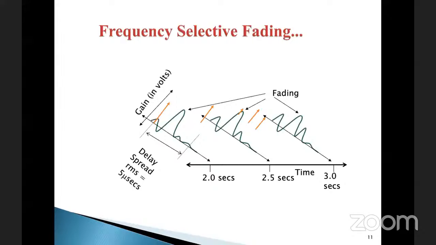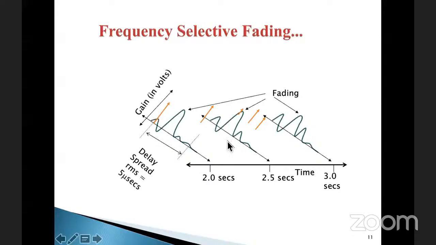If you look at the diagram of frequency selective fading, because of the large delay spread present in my channel, I am receiving different gains through multipath communication, one at 2 seconds, another at 2.5 seconds, another at 3 seconds. These are my different gains.